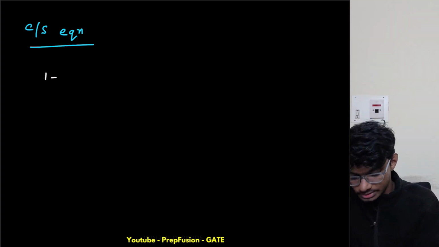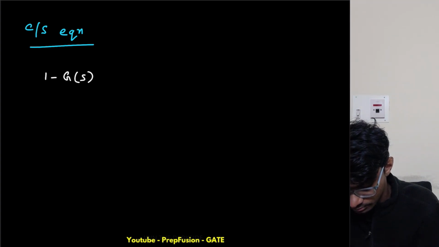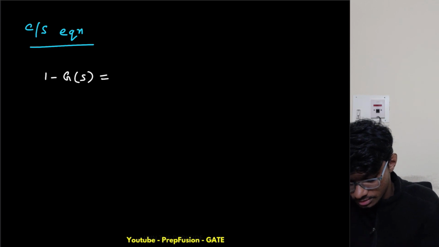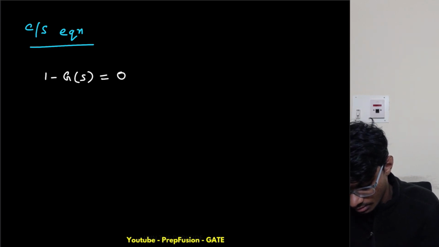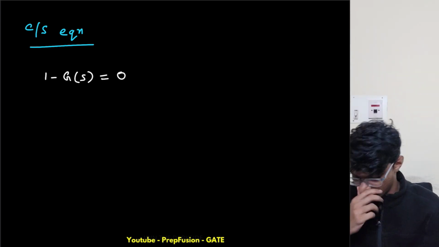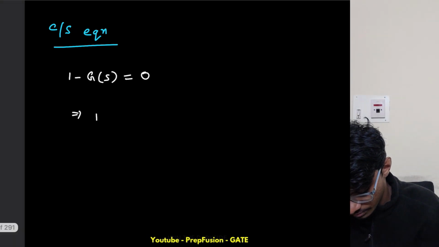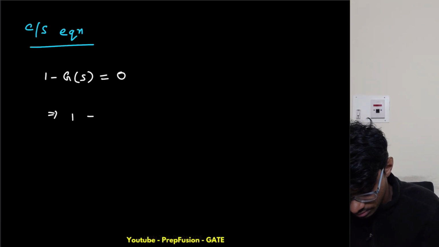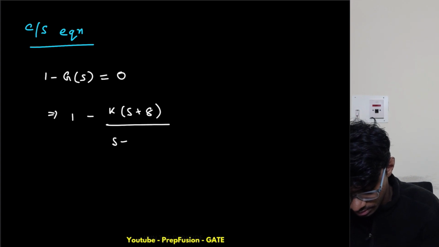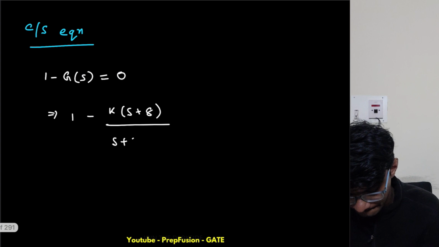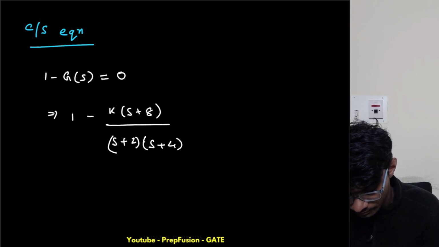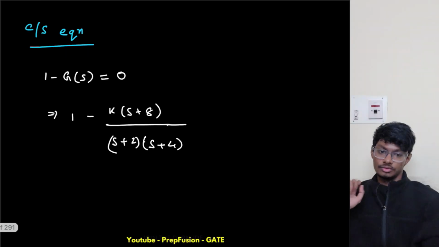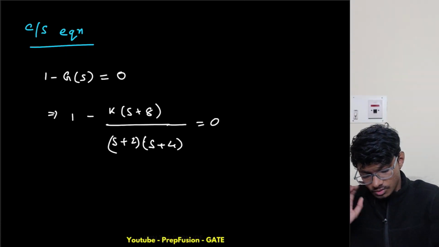It becomes 1 minus G of s equal to 0, which is simply 1 minus K into (s plus 8) divided by (s plus 2) into (s plus 4), equals 0.